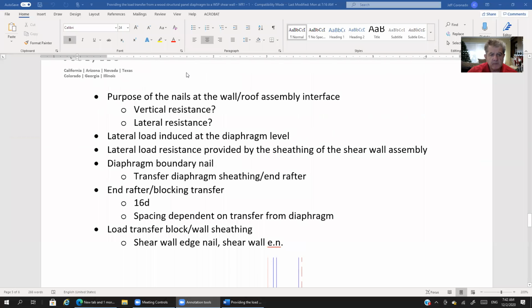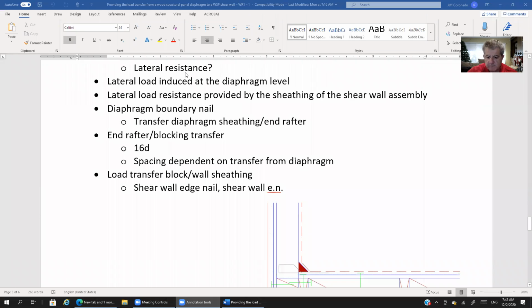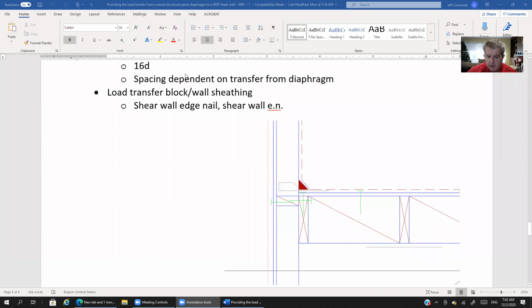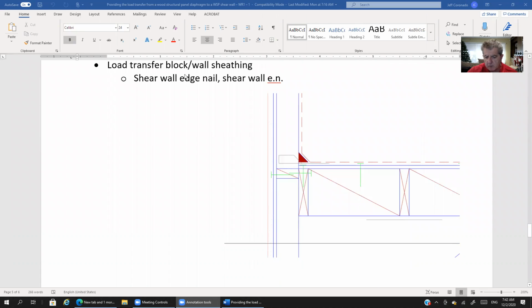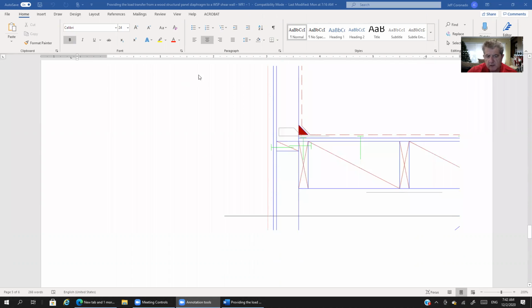Are they resisting vertical load? Okay, well, vertical load, how? Let's see. We've got to figure, not into the stud, although we can't see what's supporting the stud below. But let's assume that there is some sort of support, whether that means that the stud is landing on the floor below or the foundation below.